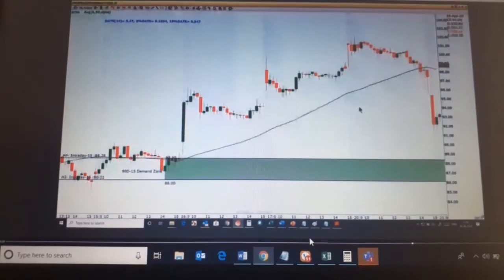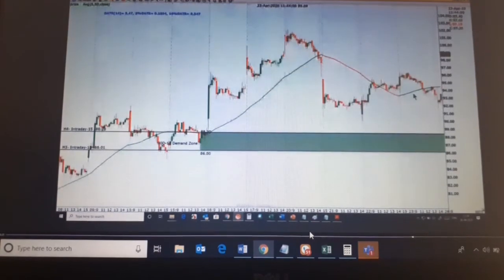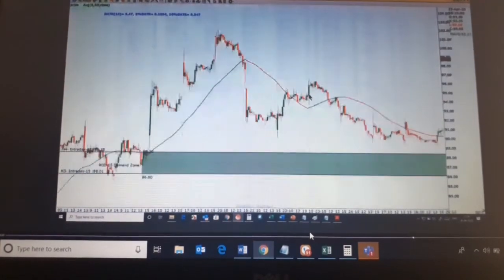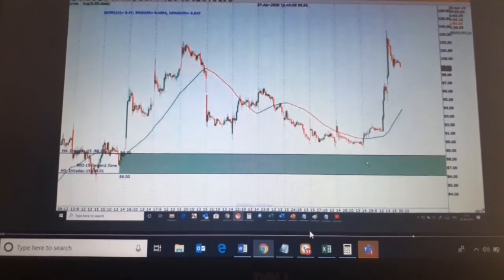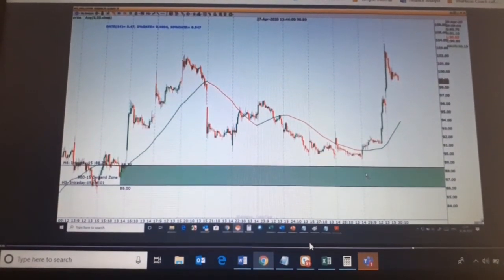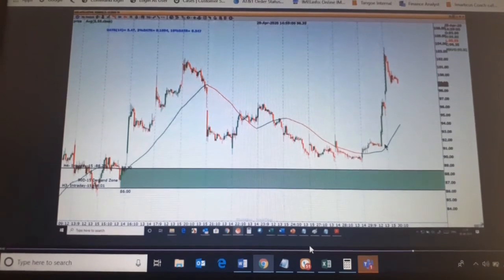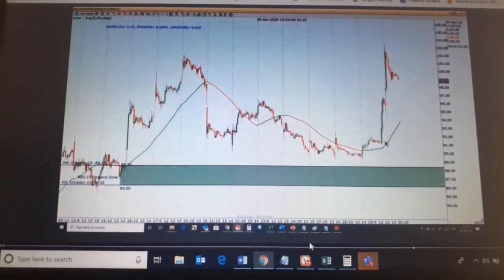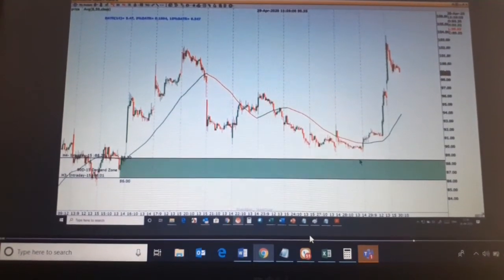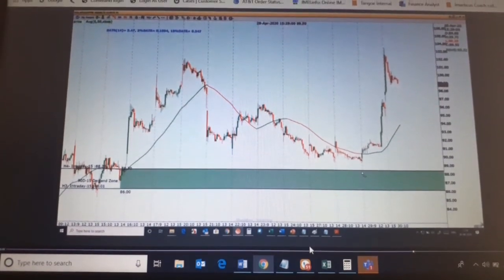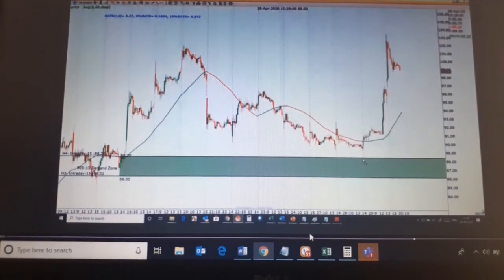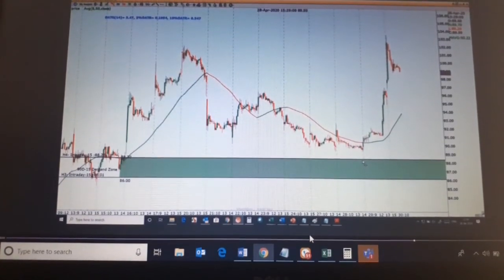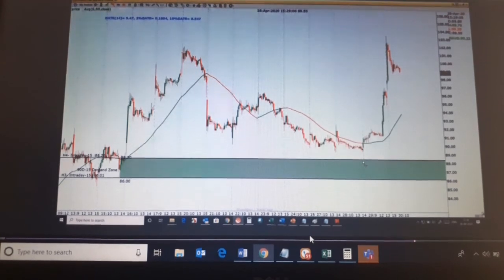Has the price tested this zone on the right hand side? No, right? The price has never come back to the zone. So this is your fresh zone on Apollo Tyres, on the 15 minutes.